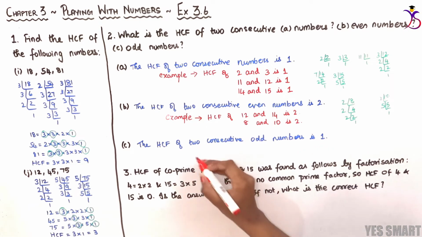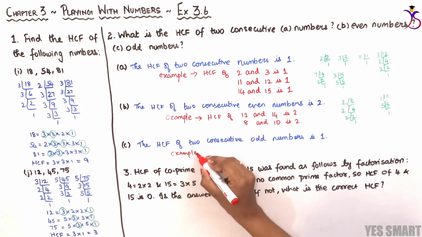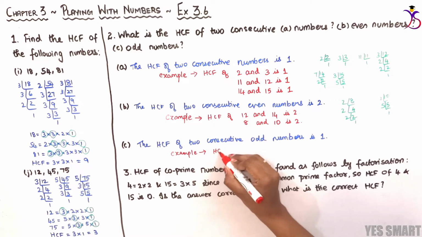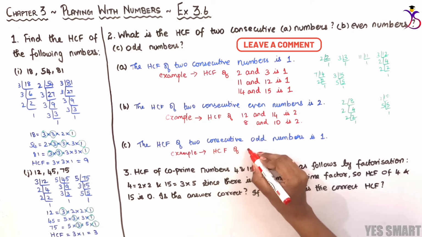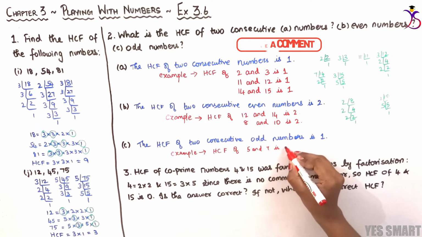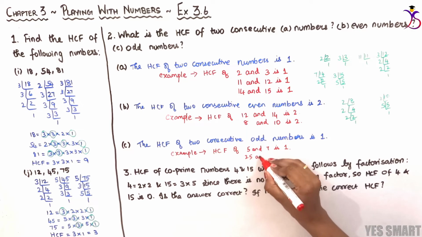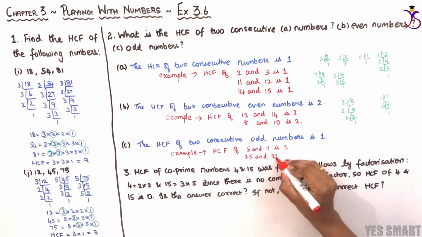We can verify this with a few examples. HCF of 5 and 7 is 1. Also, let's take the HCF of 25 and 27, which is again 1.